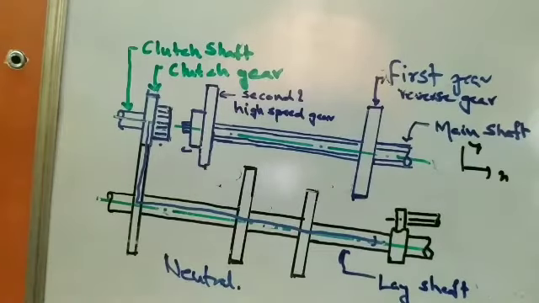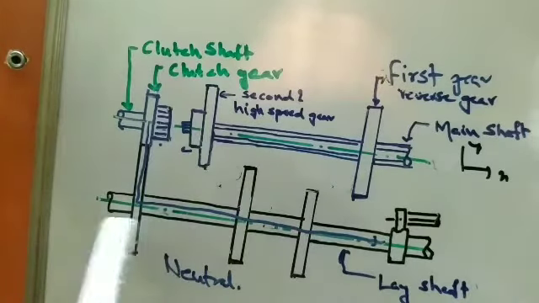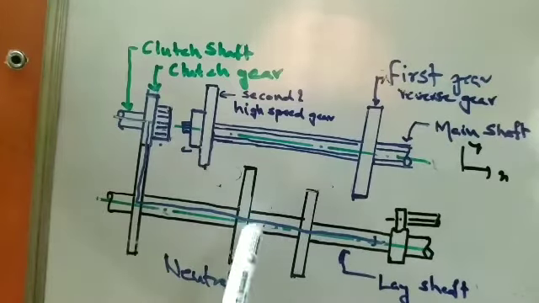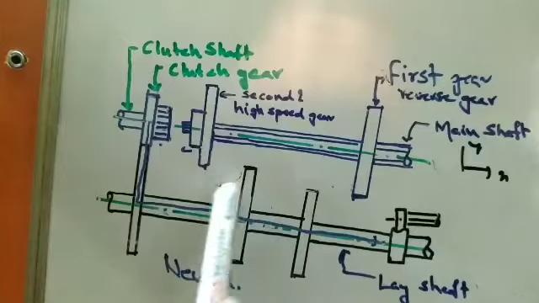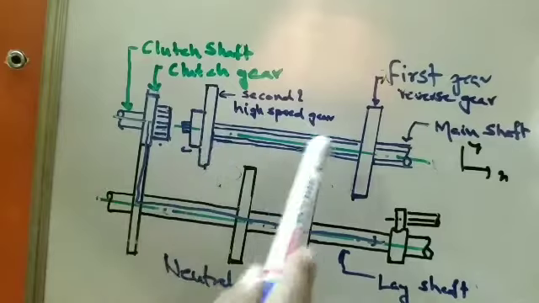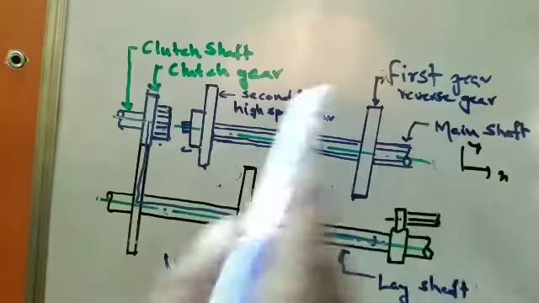Here the car is in the neutral condition, which I have explained. The power comes from the clutch shaft to the lay shaft, and no gear has been connected with any gear of the main shaft, so power is not transmitted. The power has come and stays within the transmission system, and it does not flow out because the main shaft is not moving.